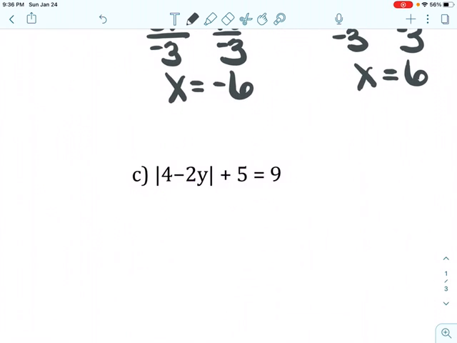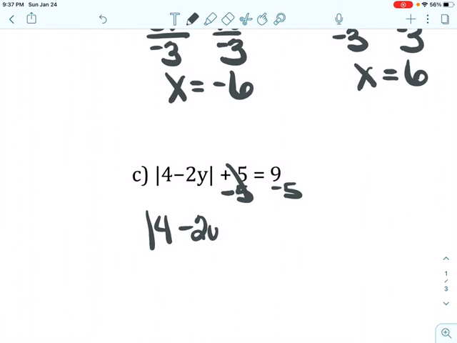Now here, if I'm talking about how far something is from 0, I can't, because that plus 5 is in the way. All right, he's 9 units away from 0 plus 5, or so many units away from 0 plus 5 gives me 9. So we got to figure out how far you are from 0 without that plus 5. So let's subtract him and get him out of the way.